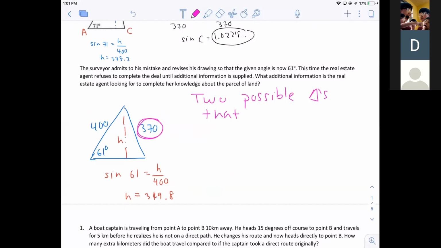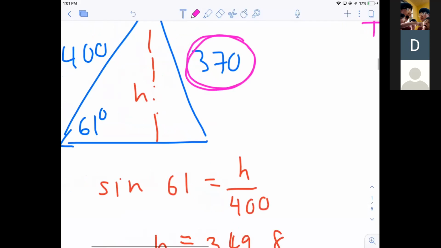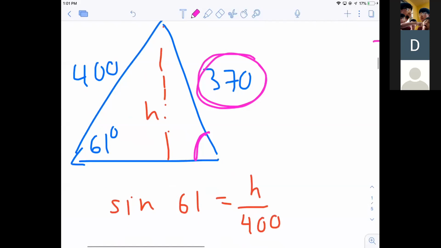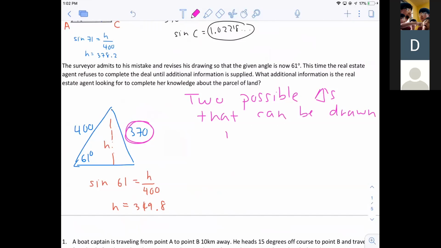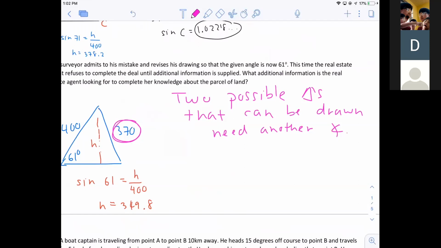Does that make sense to everyone? So the additional information we need is like, what is this angle or what is that angle? We need another angle measurement.